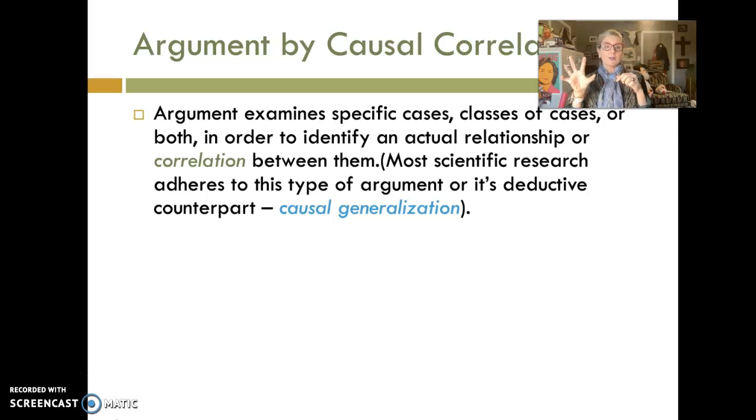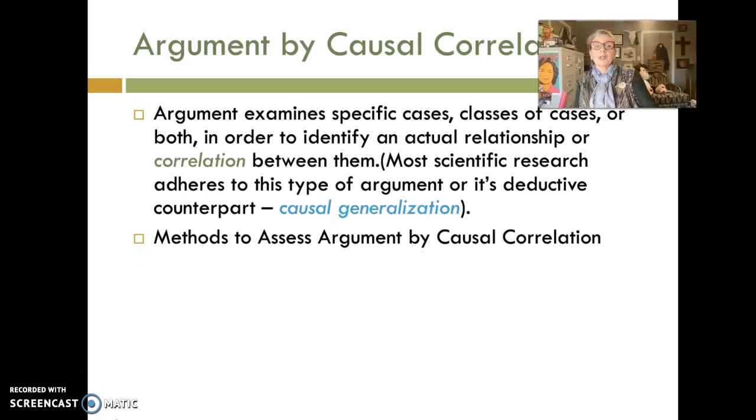Is there a relationship between them? We always think of the word cause, like cause and effect, but we're really looking at whether there is a relationship there. In scientific research, this type of argument is called causal generalization.